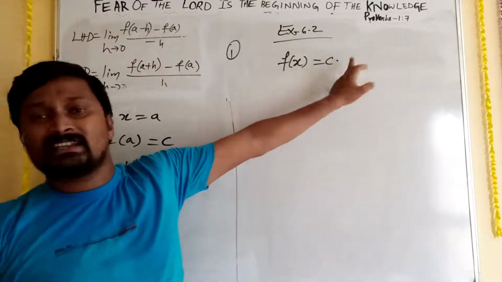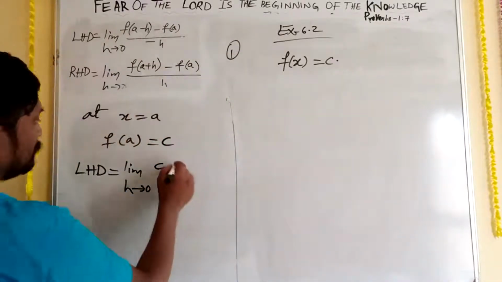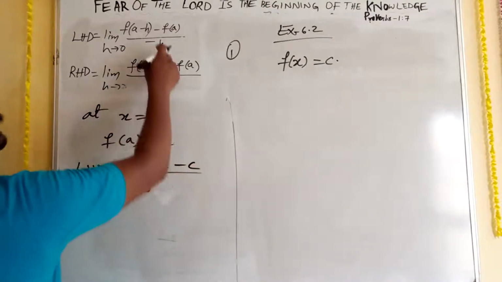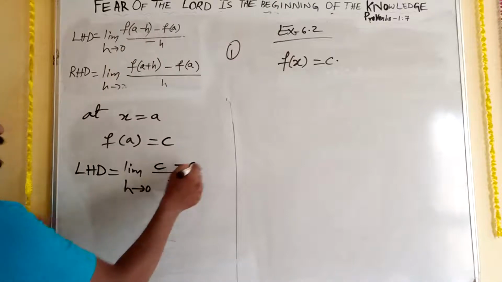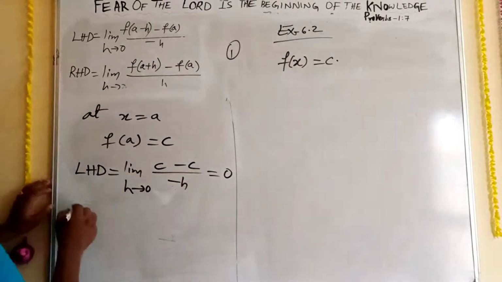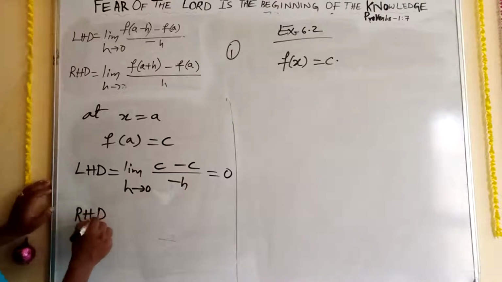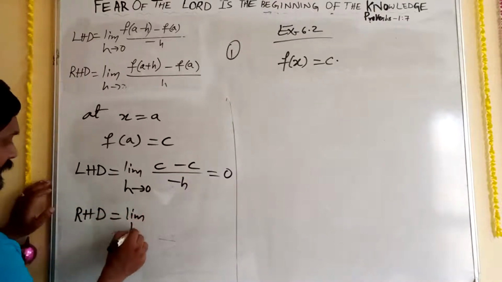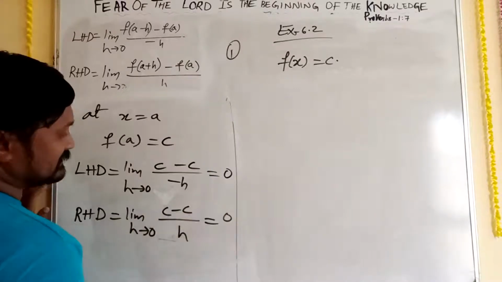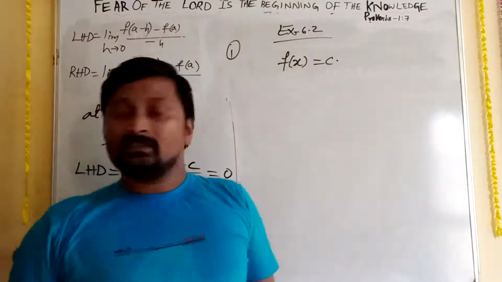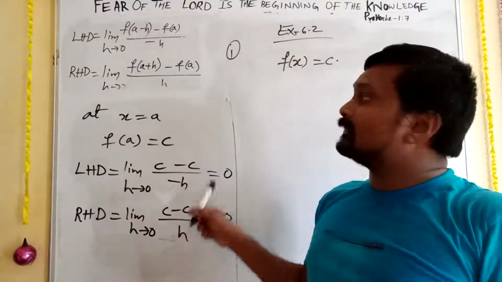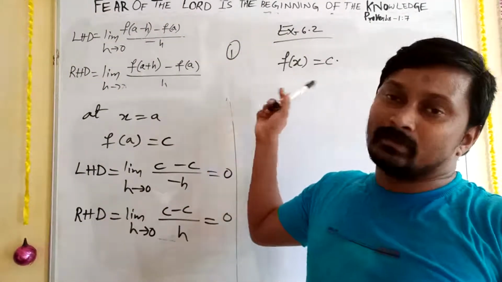Minus f of a, which is again c, upon minus h. c minus c is 0, and 0 upon any number is 0. Same method for RHD: limit h tends to 0, c minus c upon h, that is nothing but 0. Clear? So both LHD and RHD are 0. Therefore it is differentiable.